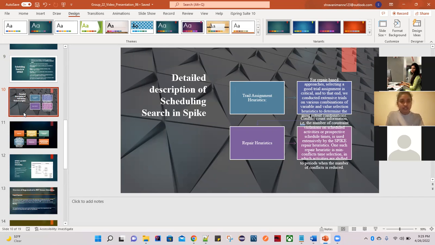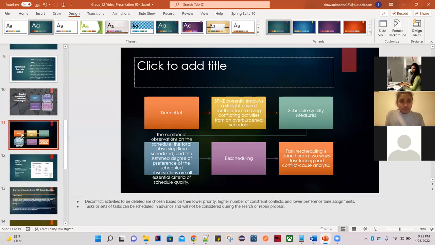Coming to the next slide, deconflict. SPIKE employs a very straightforward method to remove the conflicting activities. After deconflict, it evaluates schedule quality measures.